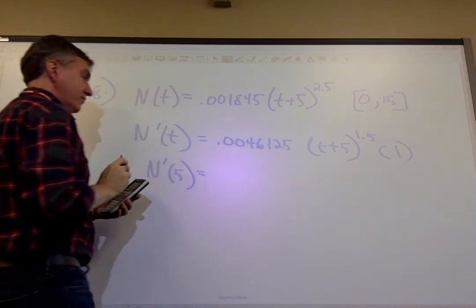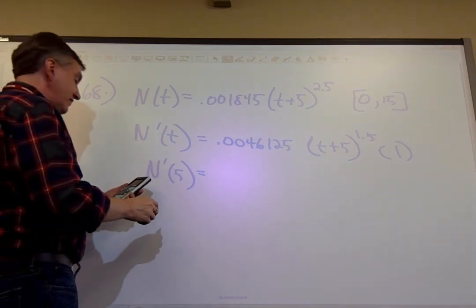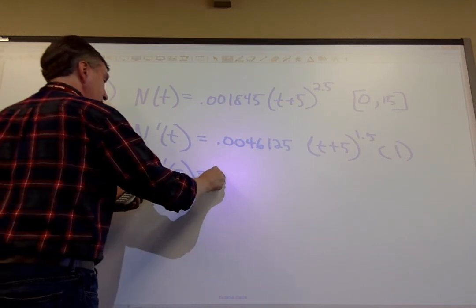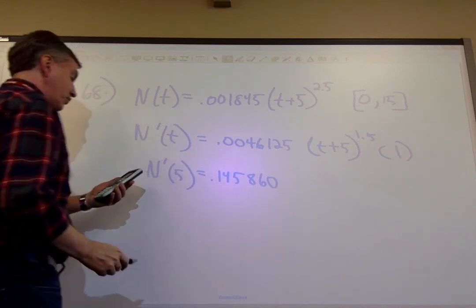If I put a 5 in for t, 10 to the 1.5 power times 4. Is anybody getting 0.145868? Does anybody agree or disagree?